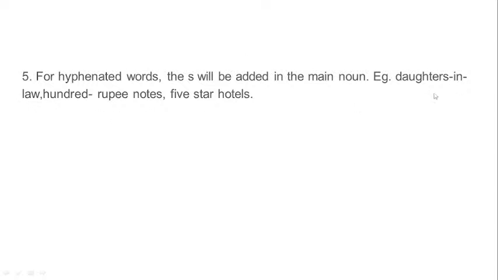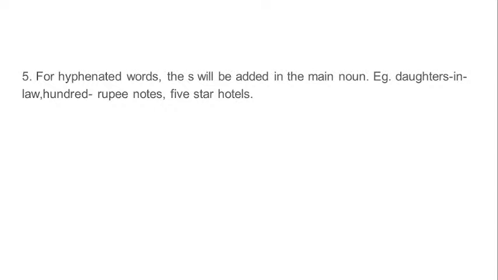Daughters-in-law. Okay, some hyphenated words which have made it a compound noun, and that is used to mean separate things. That is, the wife of a son is the daughter-in-law. Then 100 rupee note, some of these hyphenated words, they are all called compound nouns.